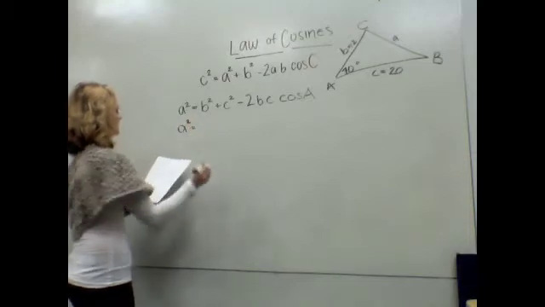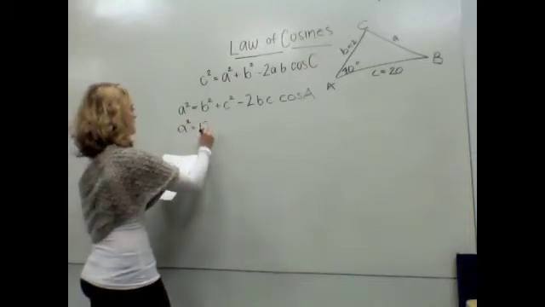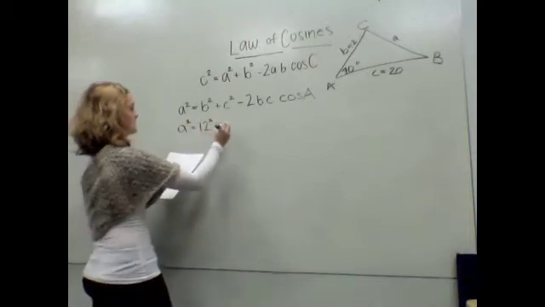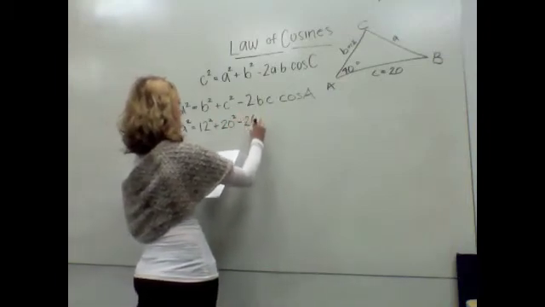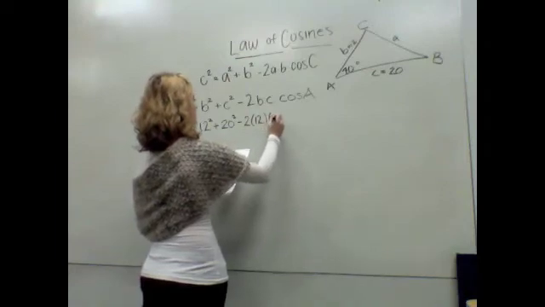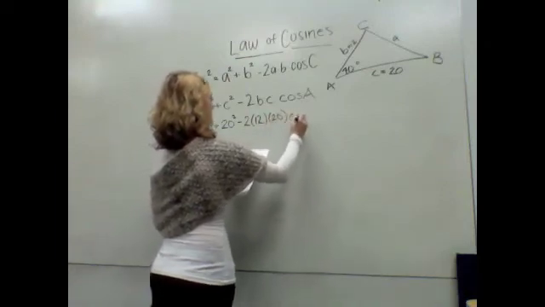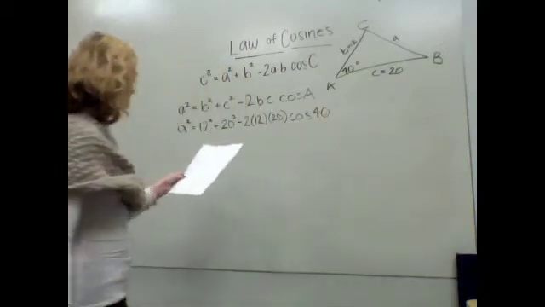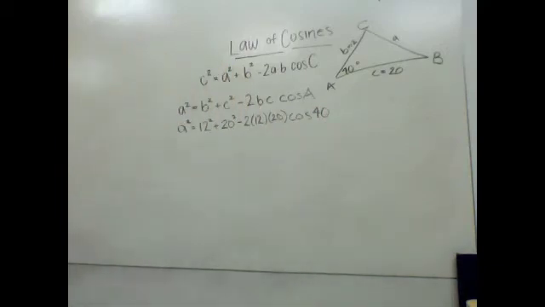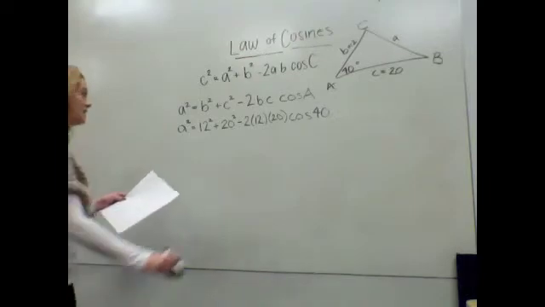A squared equals, well, B was 12, so I know I have 12 squared. C was 20, so I know I have 20 squared. Minus 2 times 12 times 20 times the cosine of my angle A, which is 40 degrees.